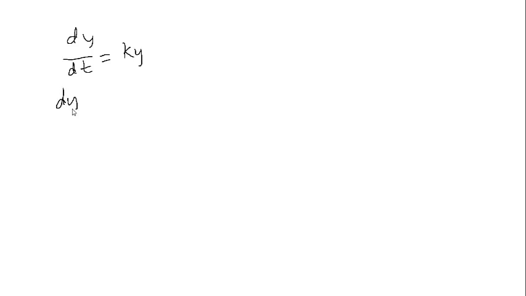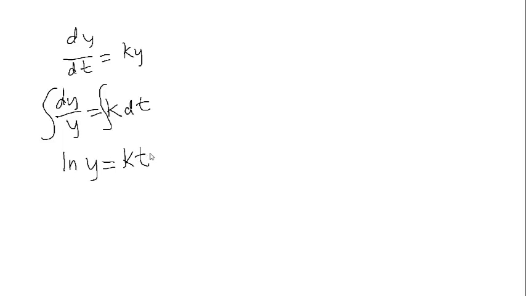So basically dy and y on the same side and k and dt on the same side. So now we use our calculus, integrate both sides, and dy over y, integrate that and you get ln of y. And on this side you get kt plus c. Don't forget the plus c.